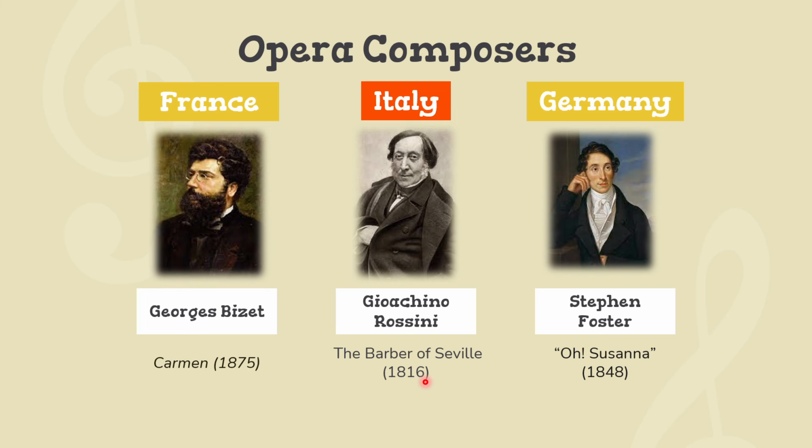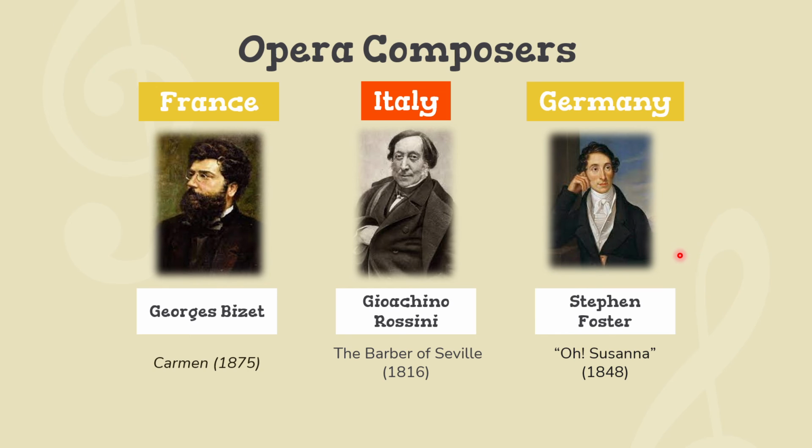Then when opera reached France, a new style was created, named Grand Opera, which was sung throughout a big production, and one of its main composers was Georges Bizet, who wrote Carmen back in 1875. And last but not least, Germany.